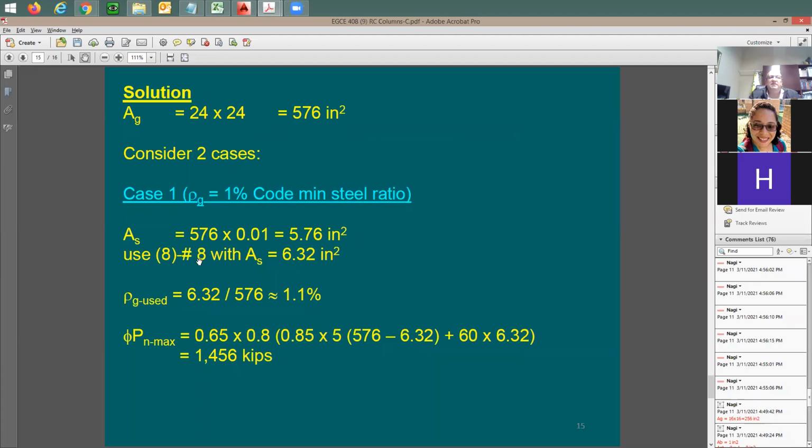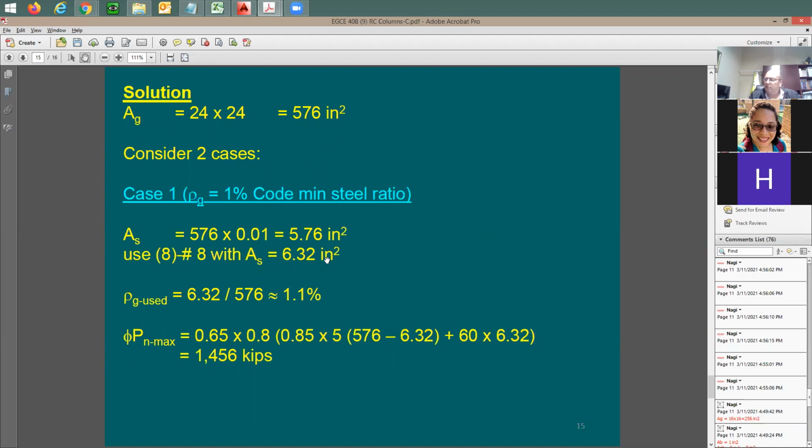If you pick here number 8, this AS is going to be 6.32. How about if I pick number 7? How much is this going to be, in your opinion? 8 times 0.6 is how much? 4.8.